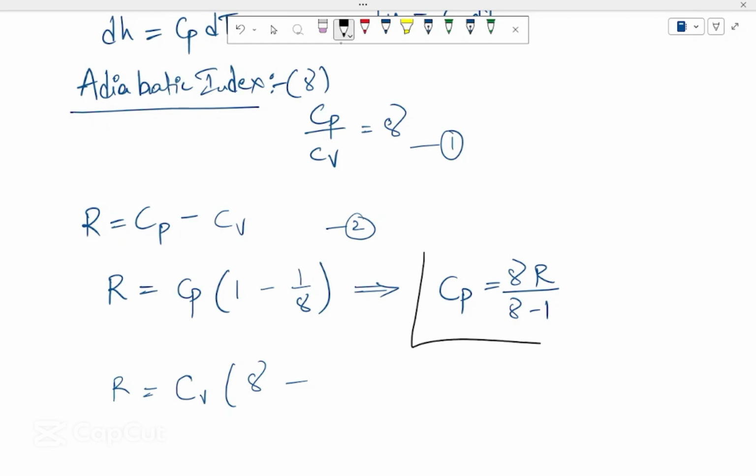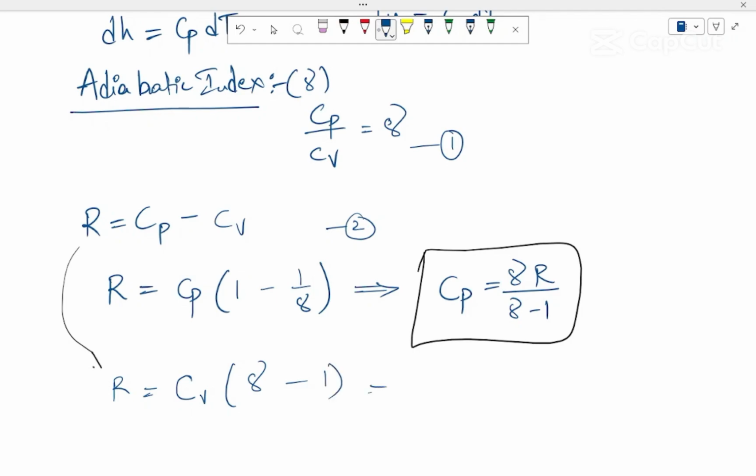This is one expression that you should learn. And similarly, if I take this R and take Cv as common here, then I'll get Cp by Cv, which is nothing but gamma, and I'll have 1 here.